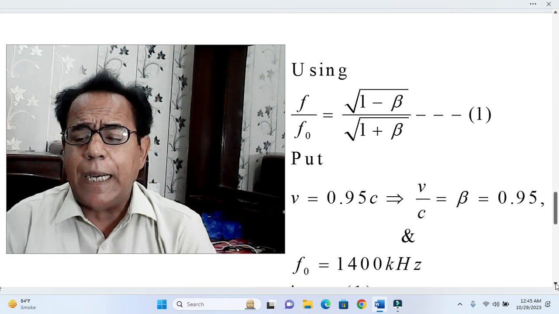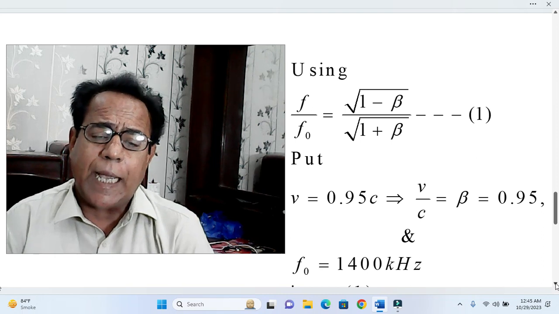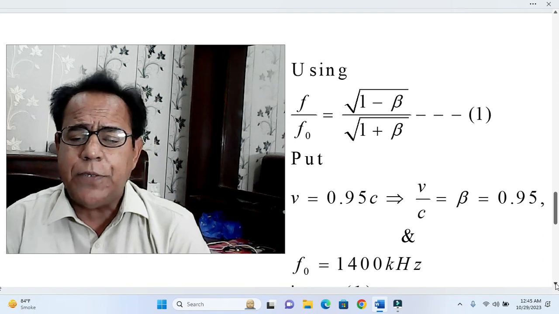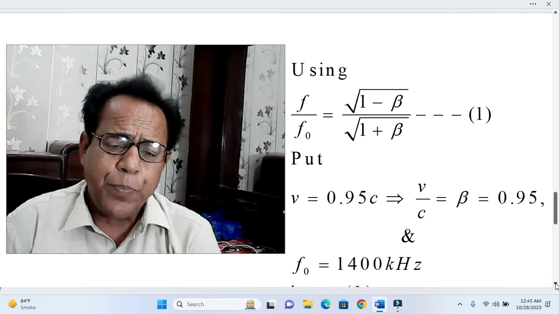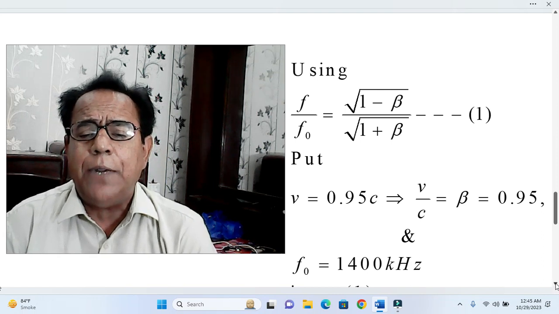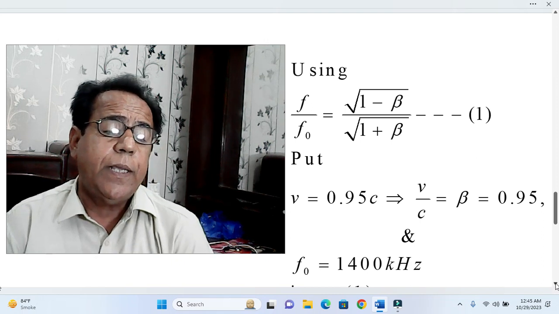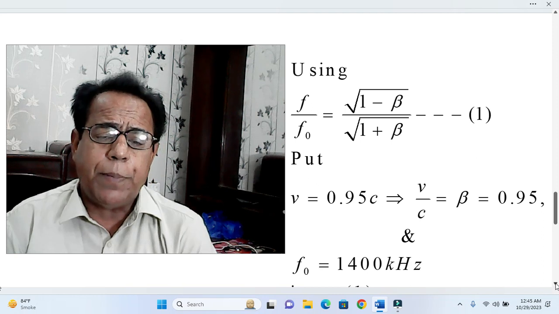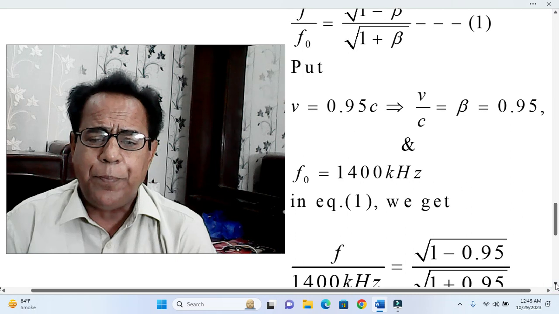From here we can write v over c equal to 0.95. That is to say, we have shifted c to the other side of the equality and gotten v over c equal to 0.95, and we know that v over c is the speed parameter, which is sometimes denoted by beta. So beta is equal to 0.95.